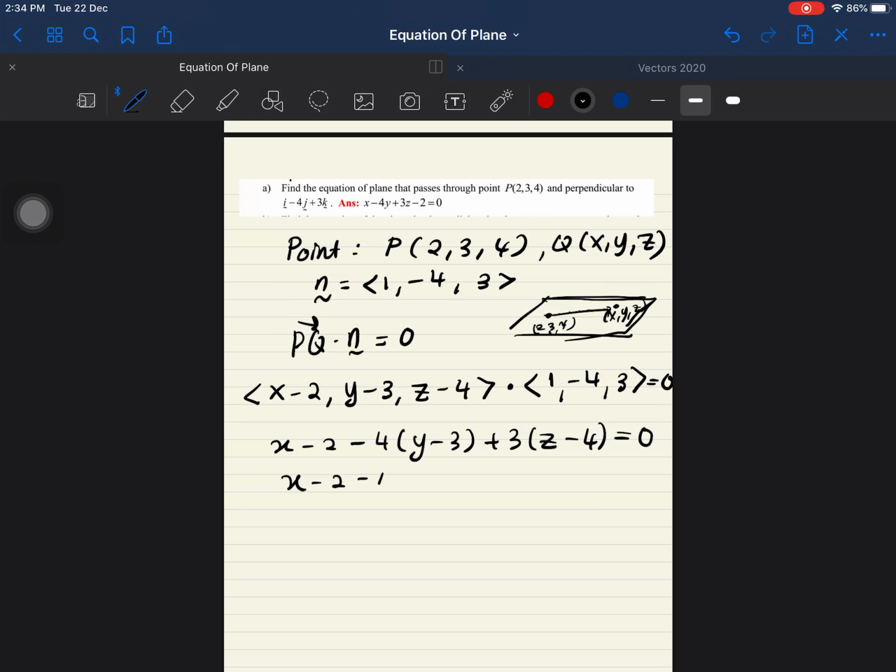So if you expand this one, you will have X minus 2 minus 4Y, so negative, positive 12 plus 3Z minus 12 is equals to 0. So this one you can cancel out. So therefore your equation of the plane will be X minus 4Y plus 3Z minus 2 is equals to 0.